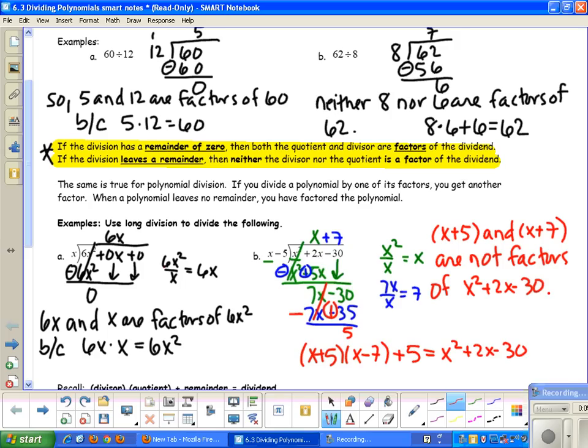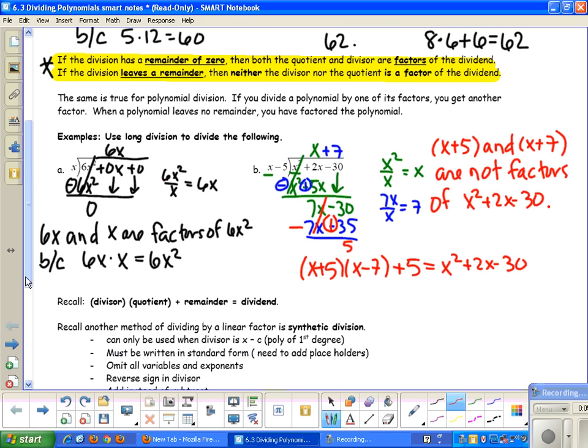Even just to show you real quickly, if I FOIL this out just to check my answer, x times x would be x squared. Then we have plus 7x minus 5x minus 35 plus 5. Sorry, that should have been plus 7x, and the 5 was minus.